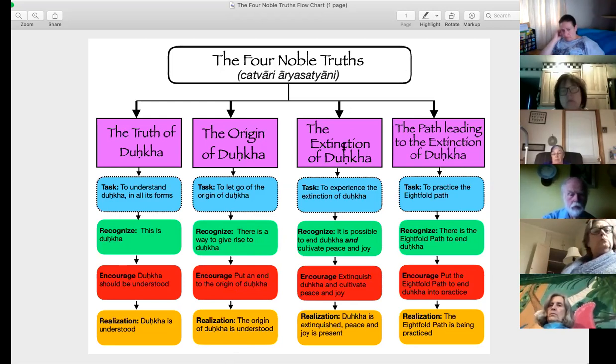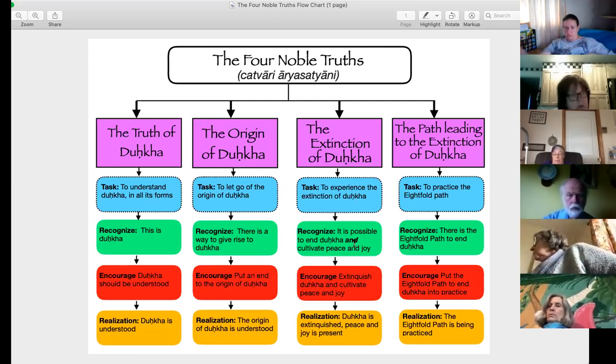The third noble truth is that there's an end to dukkha, or that dukkha can be extinguished, the extinction of dukkha. So the task here is to experience the extinction of dukkha, so that we may actually be able to see the end of our experience of dukkha.